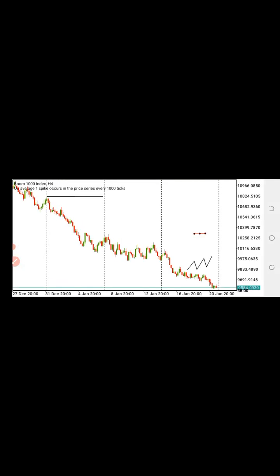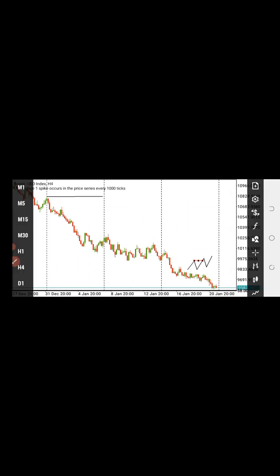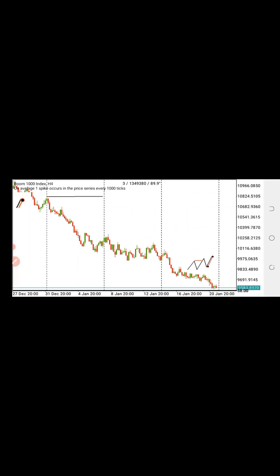So this is what we call our breaking market structure. My breaking market structure is here, and here, and I have it here again. This is my breaking market structure.